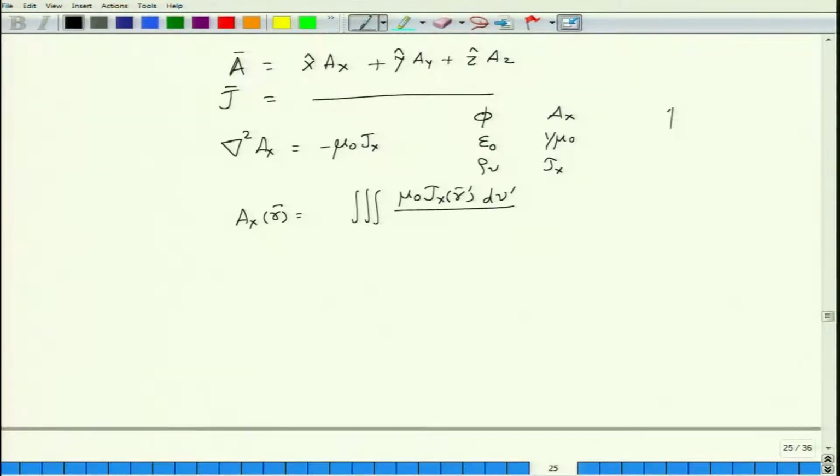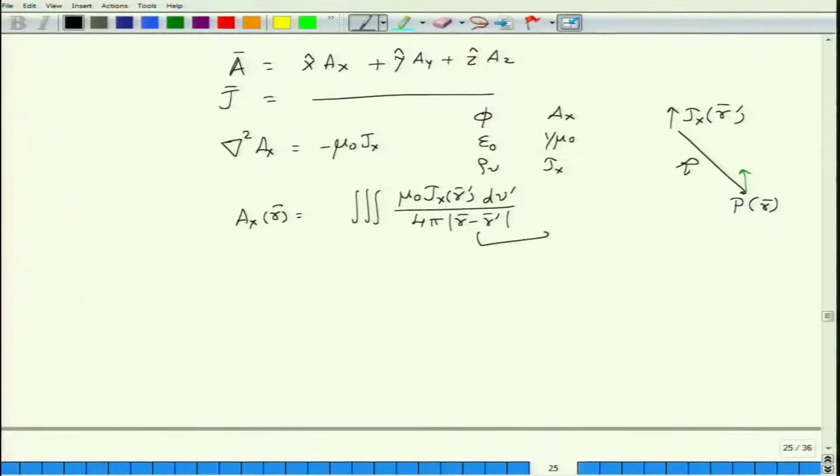So let us say this is how the Jx field is distributed at the source point, and at any other point where you are evaluating the vector potential, you will see that the vector potential will also be in the same direction as that of the source current distribution, and you have 4 pi |r minus r prime|, where r minus r prime is essentially the distance.